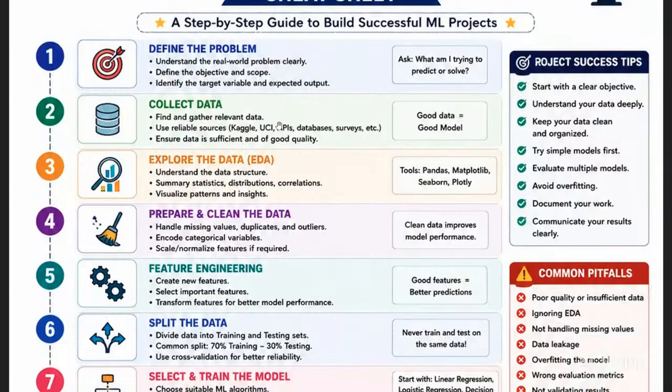Whenever you have a new dataset, or you have collected some dataset for your study, there will be many problems in that dataset, but the dataset which you are downloading from Kaggle has no such problems. So what you have to do is, as you choose the problem, the first step we have is to define the problem. According to that you have to collect the dataset. For that, define the objective and scope, and identify the target variable and the expected output which you need.